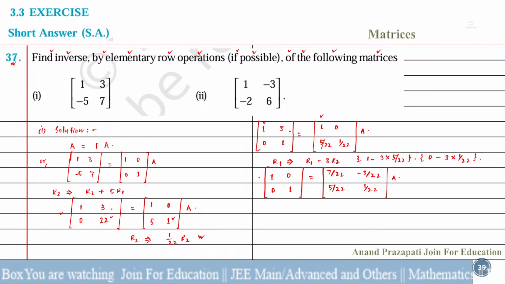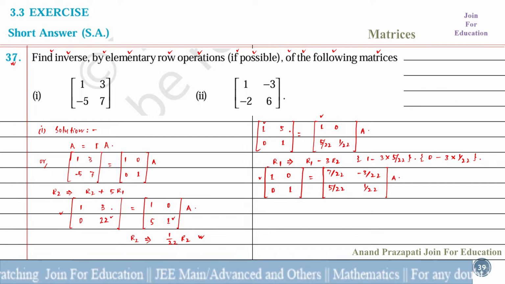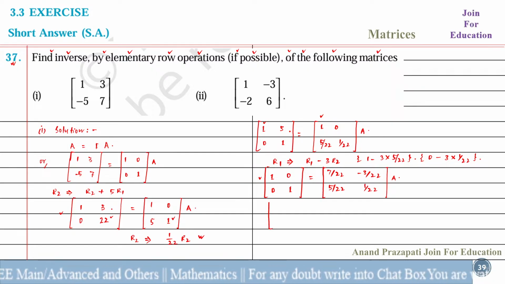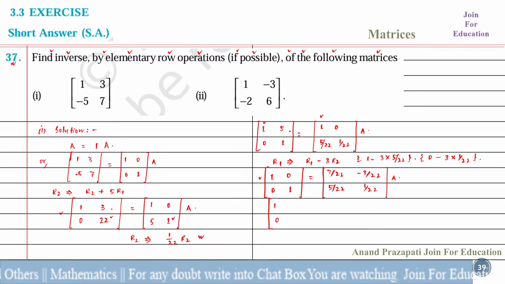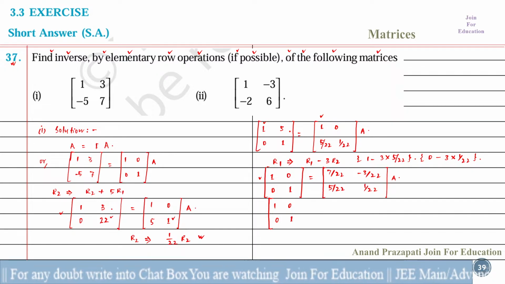So this is the identity matrix, and this one we take in the next step: 1, 0, 0, and 1.